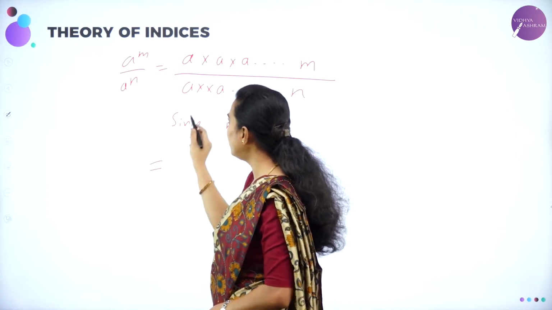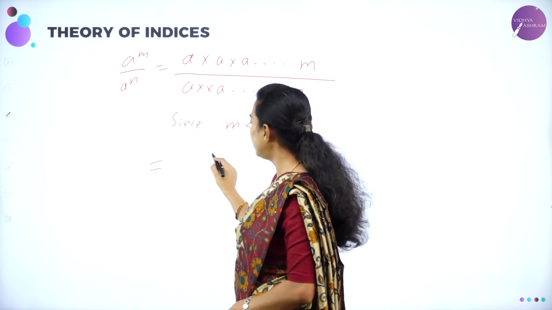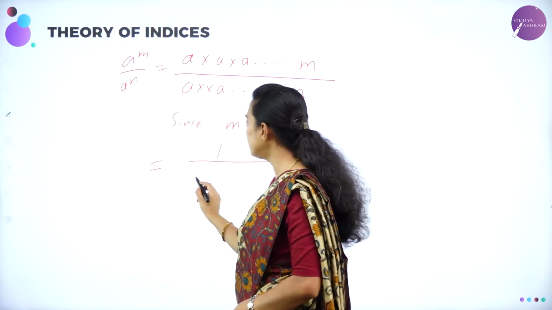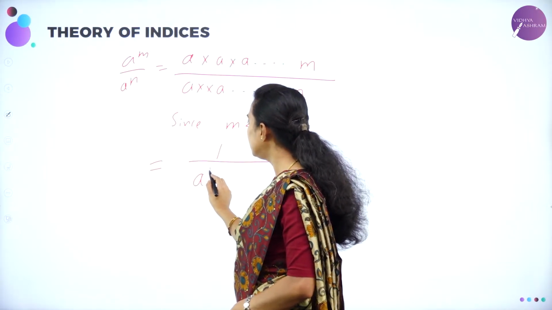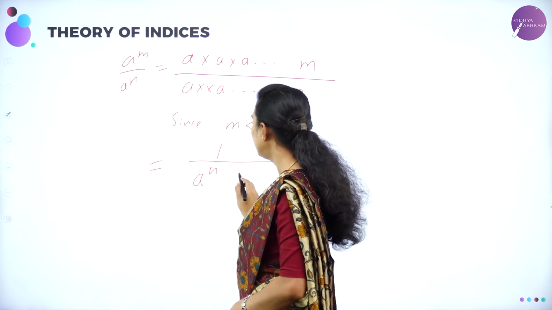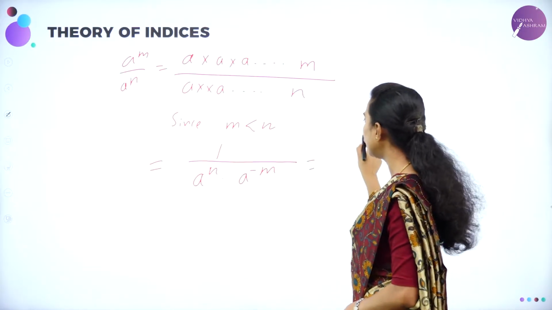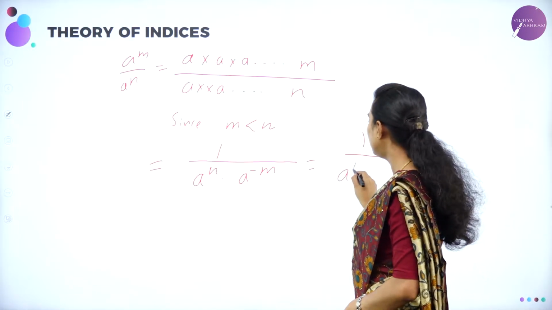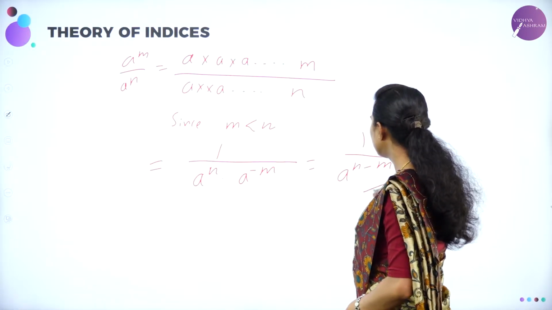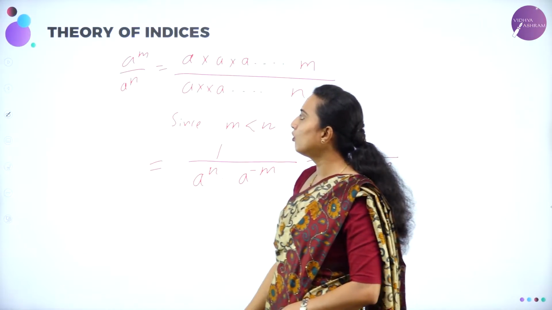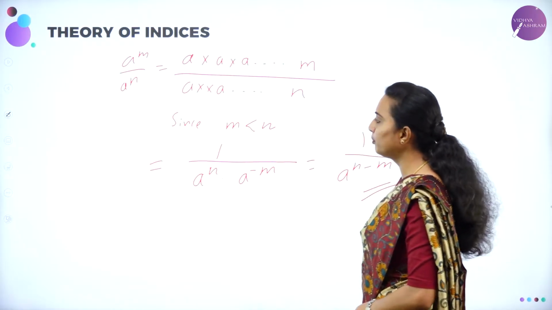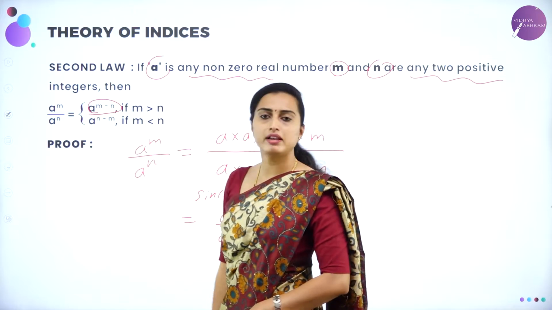So therefore you are going to write it as 1 divided by a power n into a power minus m. The bases are same, so you can add the powers. So a power n minus m. So this is what you are going to have for the proof like this. Okay, n minus m.